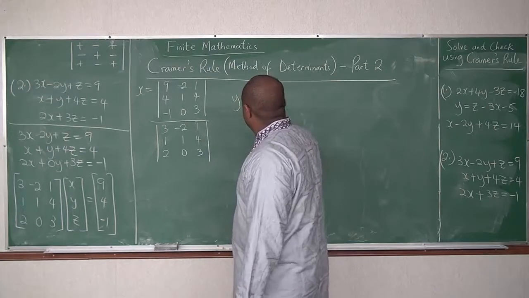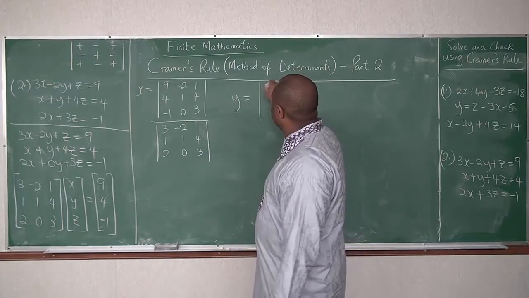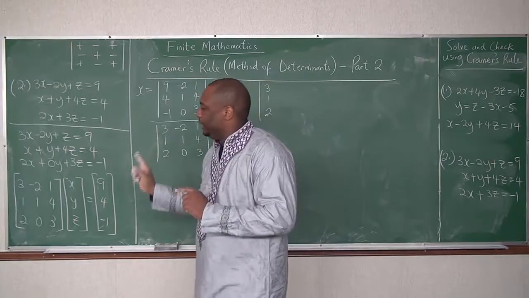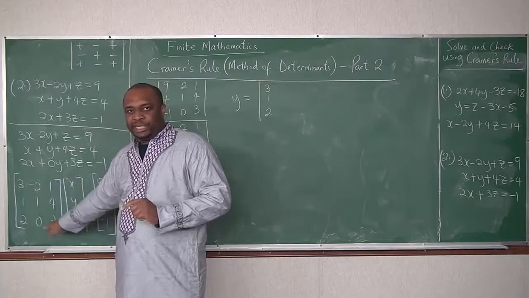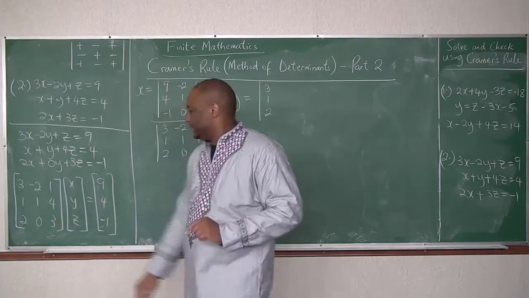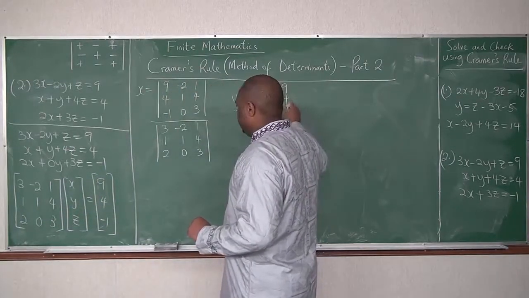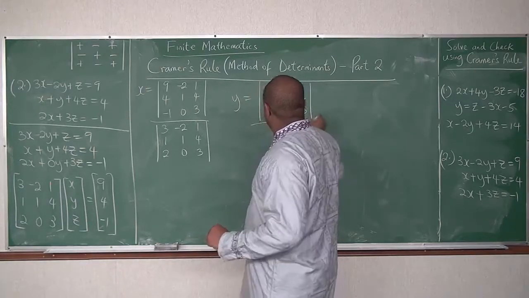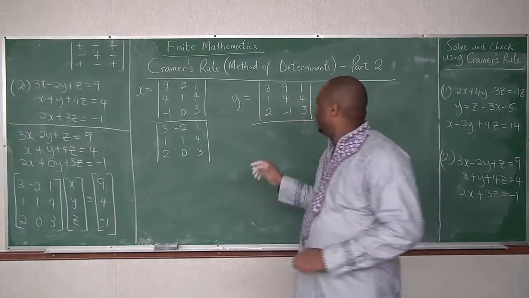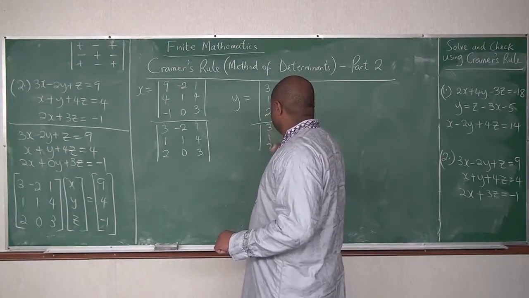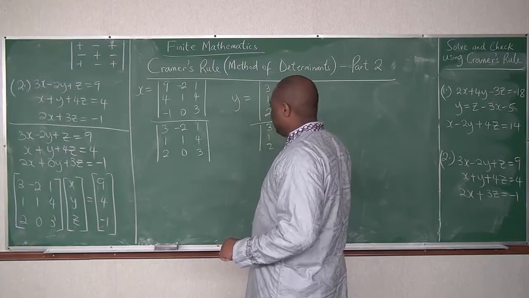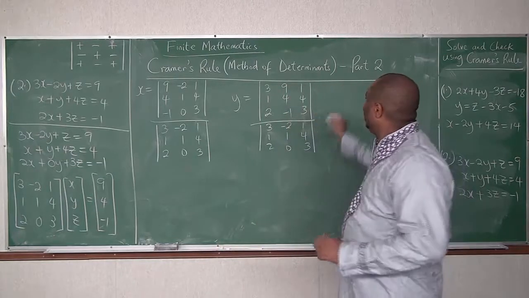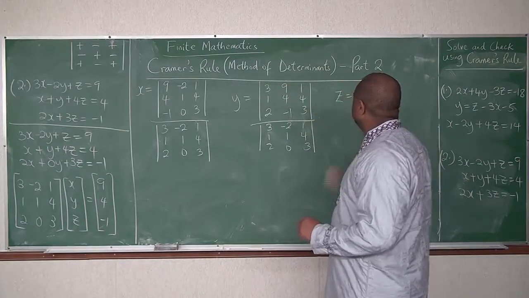Y will be the determinant. Our x column, 3, 1, 2. Then we replace the column of the coefficients of y with the column of the constants. 9, 4, -1, 1, 4, 3. All over the same denominator, 3, 1, 2, -2, 1, 0, 1, 4, 3. Then z will be the determinant.